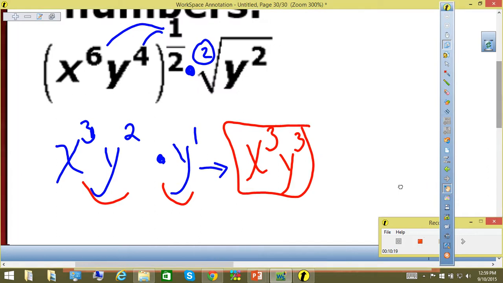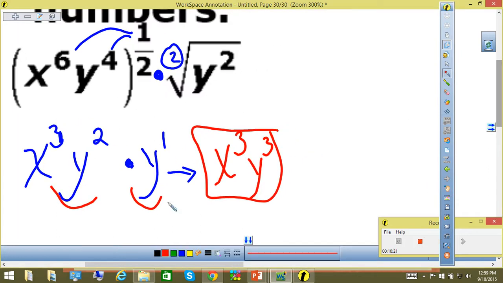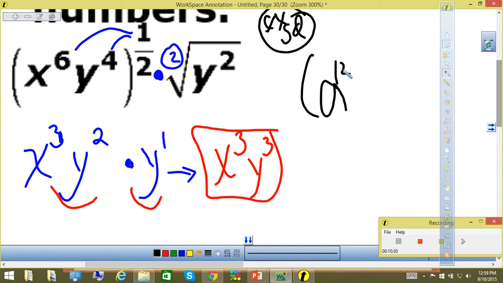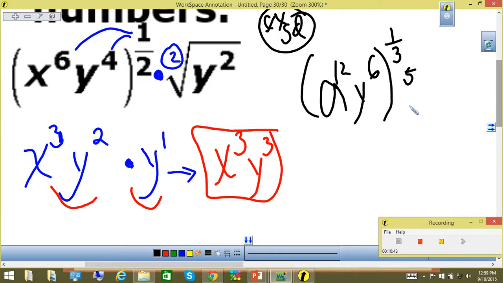Let's do another one of these. Example super Q. Parenthesis a to the 12th, y to the 6th, close parentheses, to the 1/3, and the 5th root of a to the 45th.